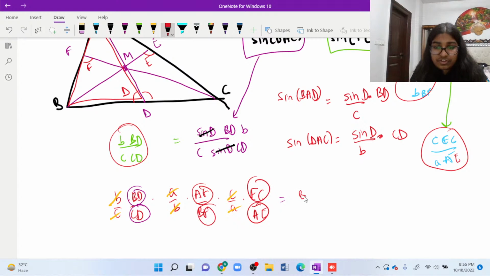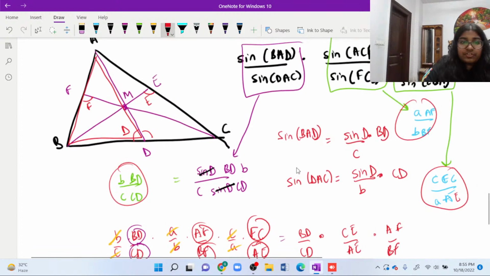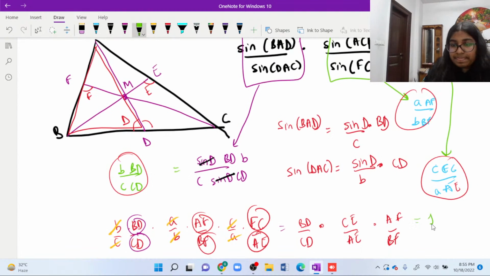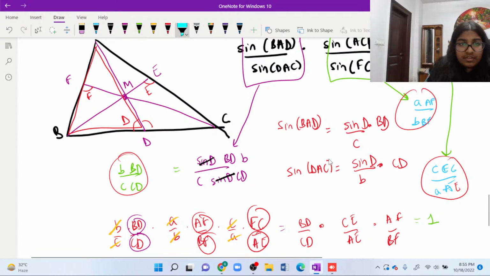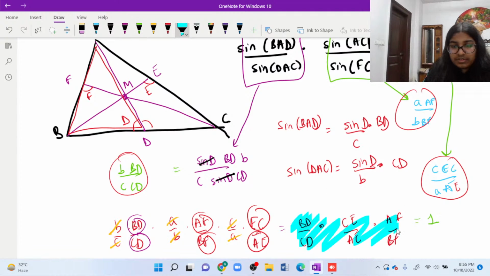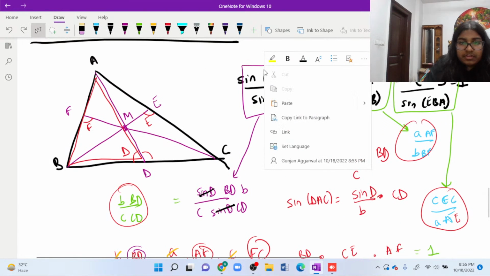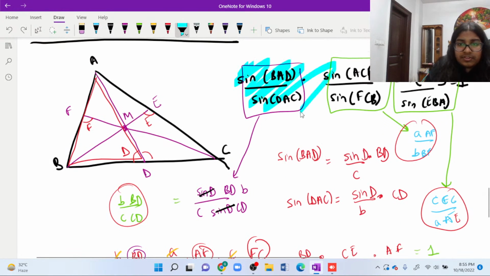So that's just BD by CD times CE by AE times AF by BF, which is just by Ceva's first form of the theorem, equal to 1. So this is just the trigonometric form of Ceva.